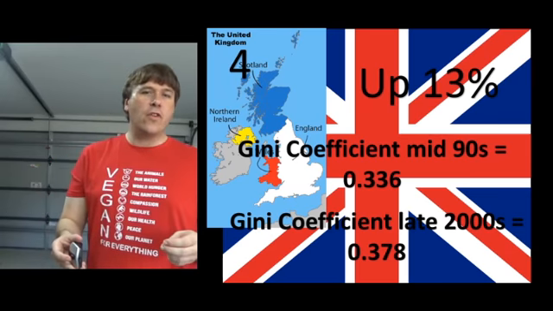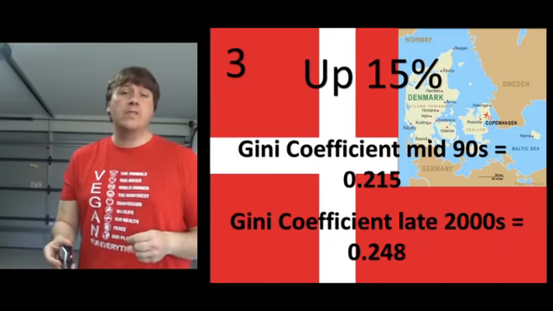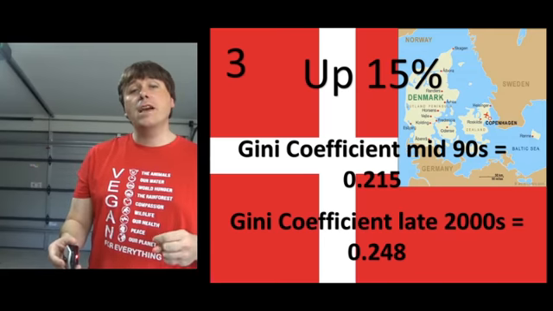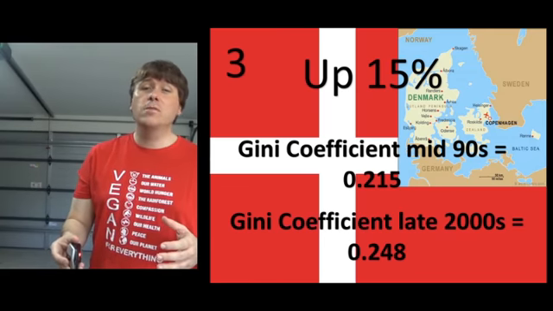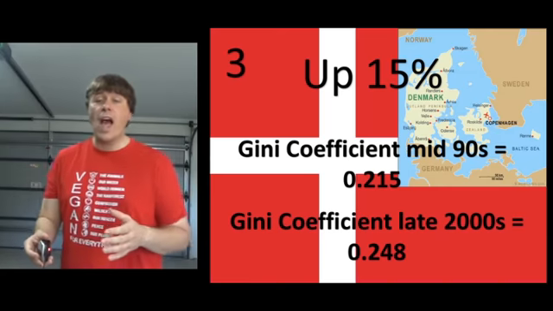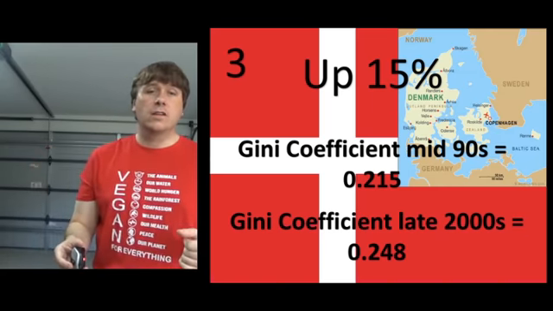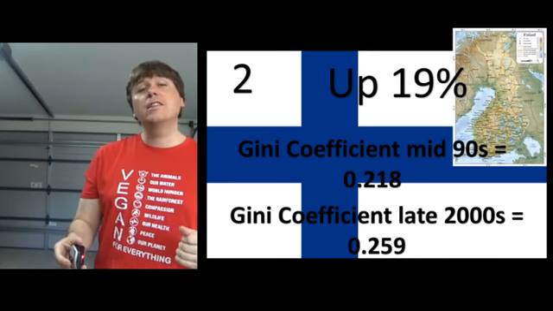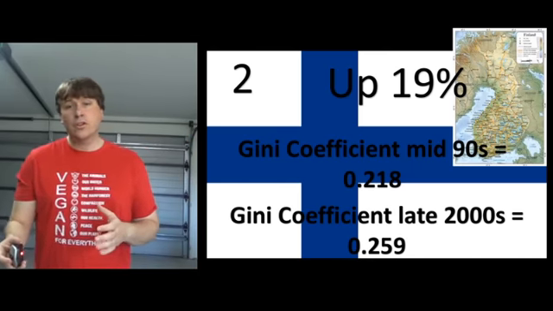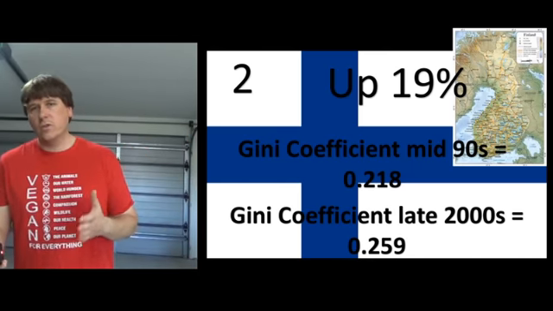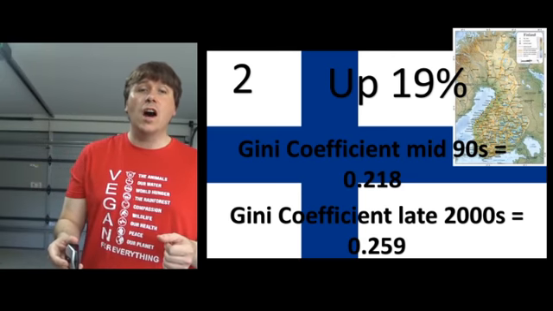At number 3, we have Denmark, which is up, wow, a staggering 15%. Both from a very low base, talking in the 90s of 0.215, and now gone up to 0.248, so still considerably lower than many other countries. At number 2, we have Finland. That's gone up by 19%, from 0.218, again quite low, up to 0.259.